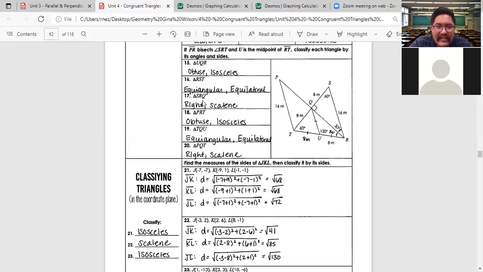Okay, number 17, SRQ. So they're talking about this one right here. And you can see that there's a right angle right there. So this is obviously going to be a right triangle. And if we look at the sides, that's 8 meters, 16 meters. But what about this one here? Do we know how long this is?